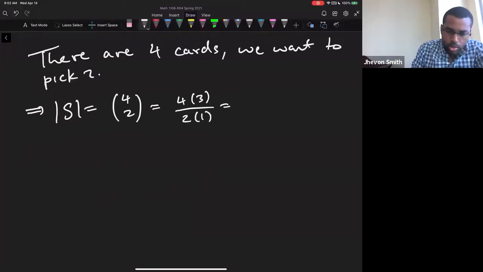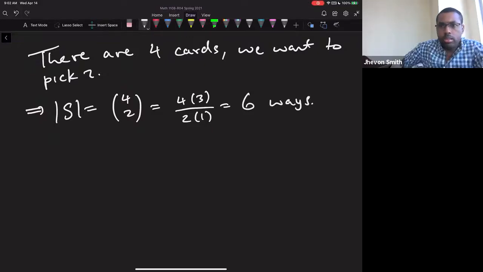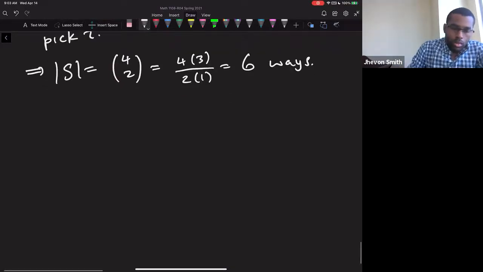And so you said that there were 6 ways. Is this what you did? Yeah. And then only you choose the same color cards, like the first one is black and the third one is black, like 2 red cards. So there is only 2 possible outcomes.